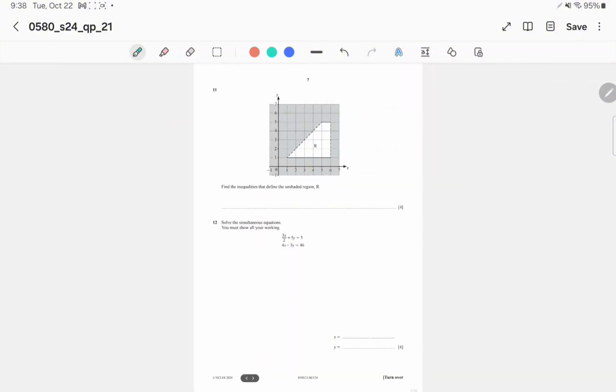Next question. The 11th question: find the inequalities that define the unshaded region. For this graph, we will go for the unshaded region. This is the unshaded region part. So here it starts from defining a straight line, x is 6. We require this region. So anything less than 6, we will have the unshaded region part. So x will be less than 6 because below 6 is the unshaded region part.